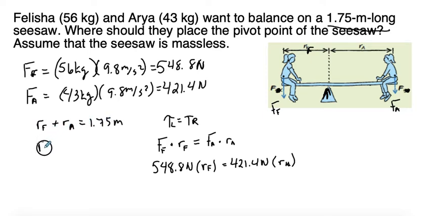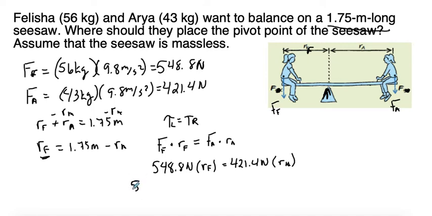So let's rearrange this and solve for the radius of Felicia. In order to do that, we're going to have to move r sub a over, and we're going to have 1.75 meters minus r sub a. So now, what can we do? We solved this, and now we can do a little bit of substitution because this is equal to that, and we have r sub f there. So we can plug that in.